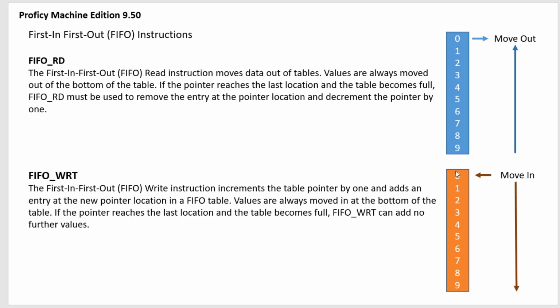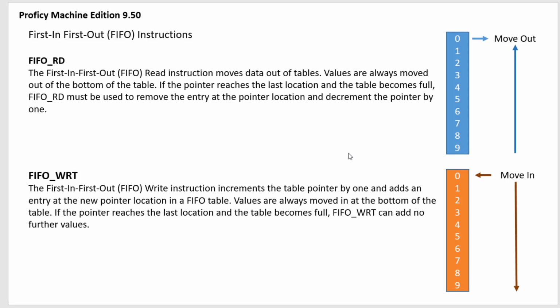So in this case, if we have an array of 10 elements, then it's going to get incremented until it reaches 10, whereupon our table is full. And then that's it. You can't write any more data until you use a FIFO read instruction to decrement the pointer and then put something back in.